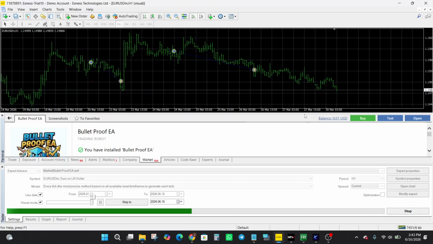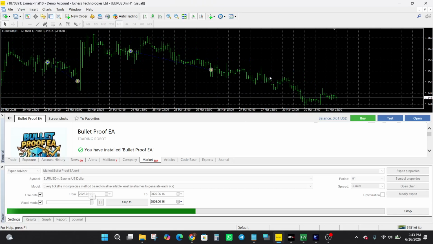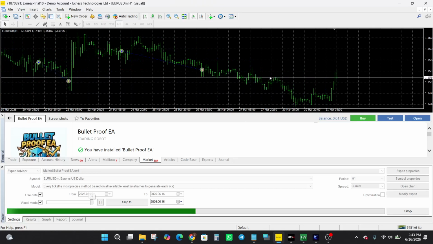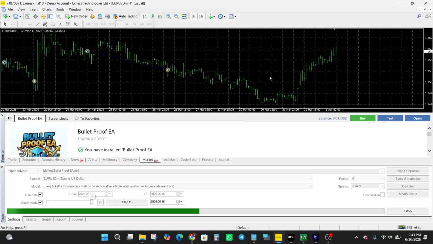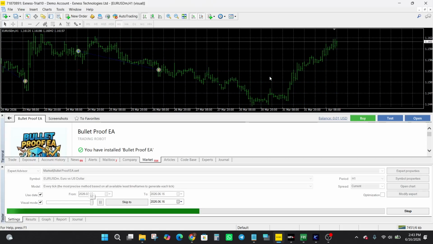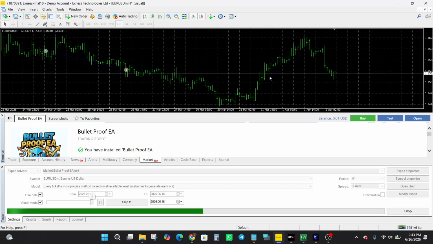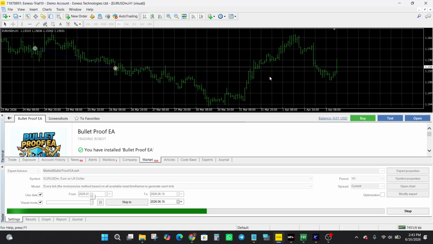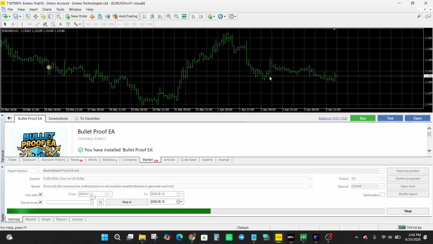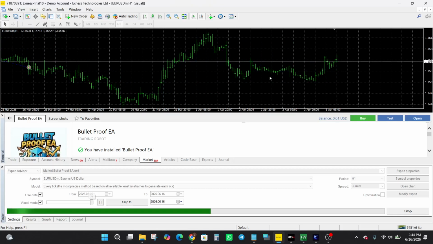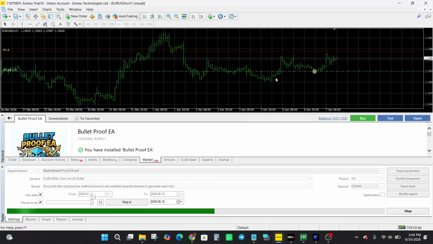Overall, the Bulletproof EA is an MT4 expert advisor built around a dual confirmation trading approach that combines signal generation with additional momentum based verification. Combined with its built-in money management tools and clearly defined risk controls, it offers a structured automated trading framework that traders can further evaluate through their own testing and optimization process.